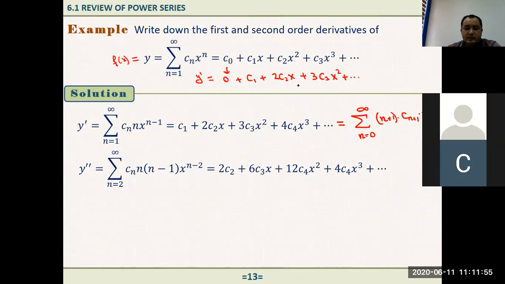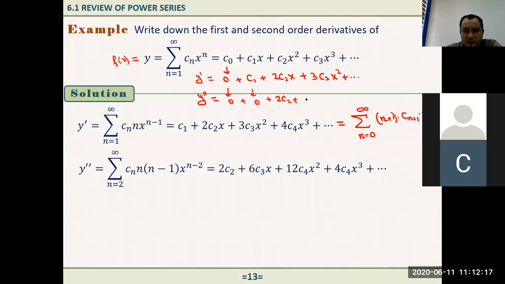And how about the second order derivative? This one is y prime. Now I need to differentiate this one more time to get the second order derivative of this power series. So here we have y double prime, and the first term is already 0. The constant is also equal to 0. If you differentiate this, here we have c sub 2.